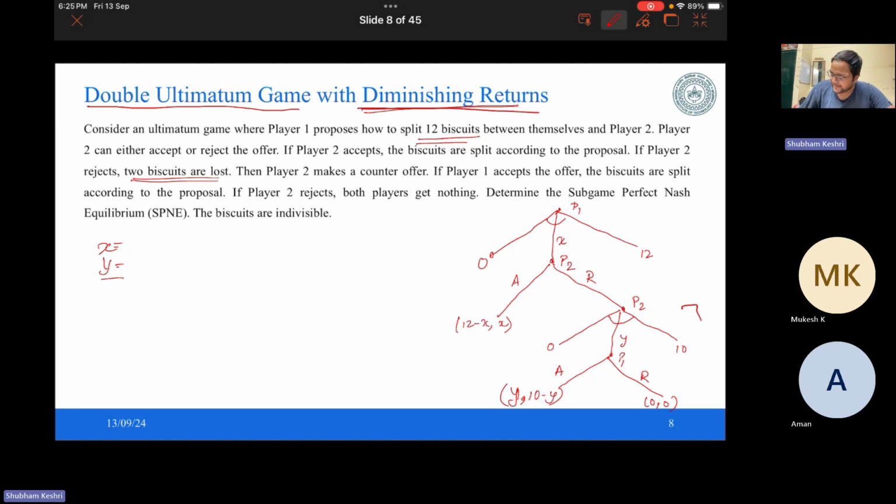We have to proceed with the second stage first. Then we'll go to the first stage, by the rule of backward induction. So this is the first stage.